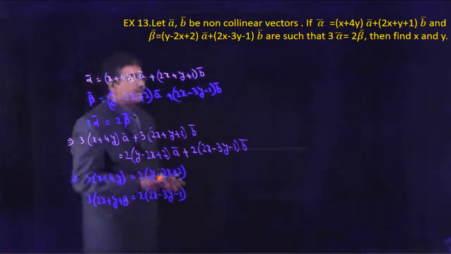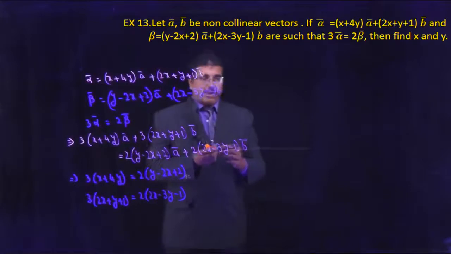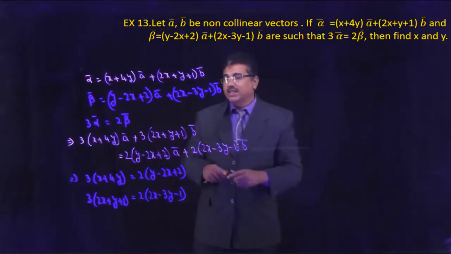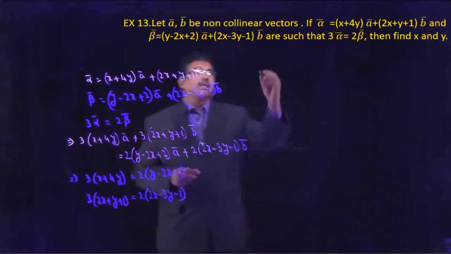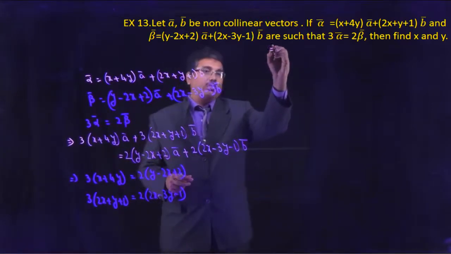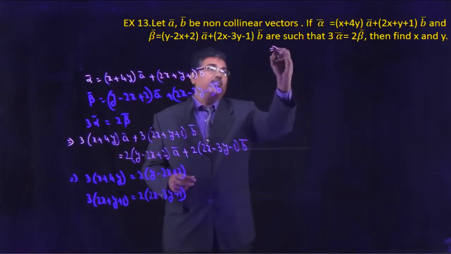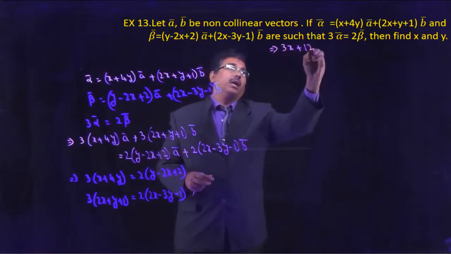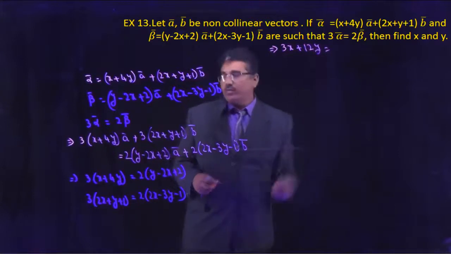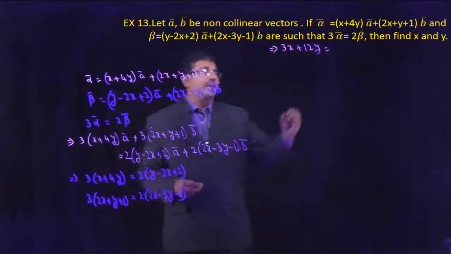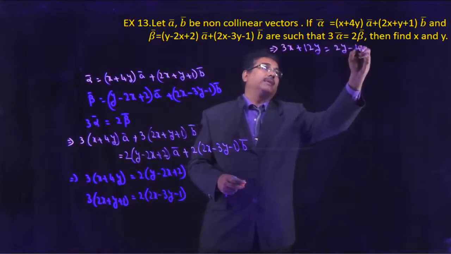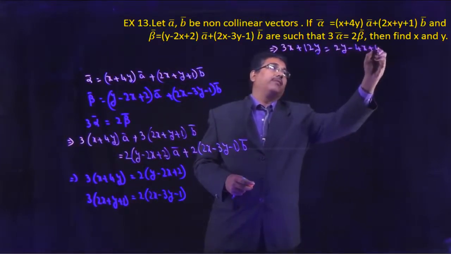Now simplifying these two equations, that implies 3x plus 12y is equal to 2y minus 4x plus 4.